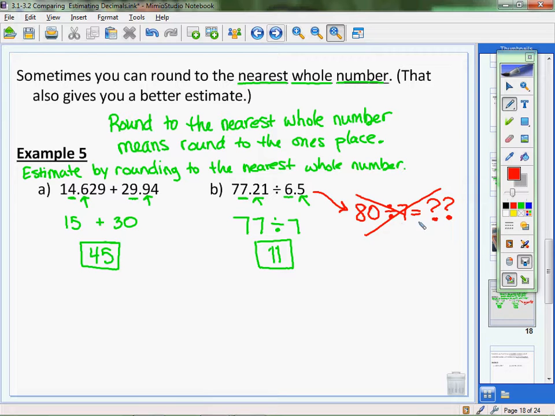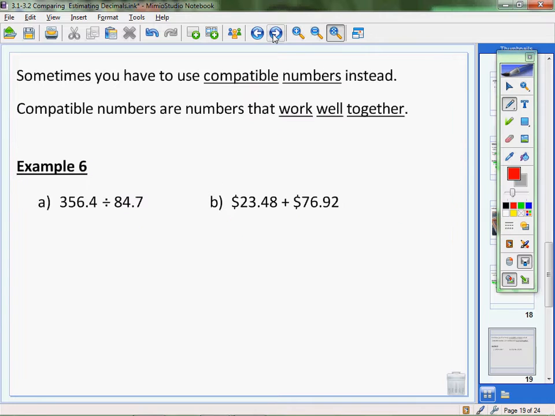So we would not want to do that, and that's where rounding to the nearest whole number makes this problem a lot easier. But sometimes there are still problems where it won't work, or it will be easier to do something other than rounding to the highest place or to the nearest whole number. And so sometimes we need to use something called compatible numbers.